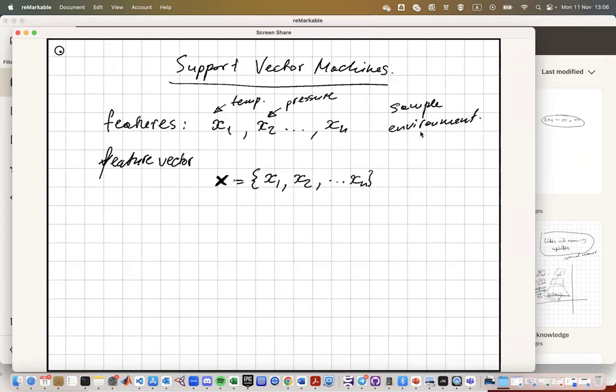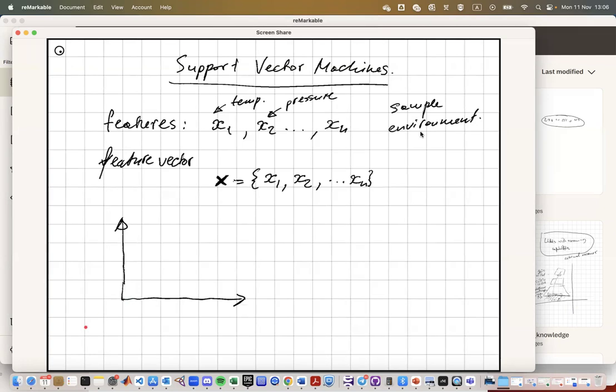Right. And the basic learning model that we can use for classification purposes. Our task is essentially to decide where a given sample belongs.